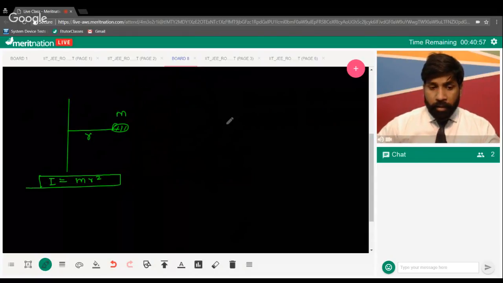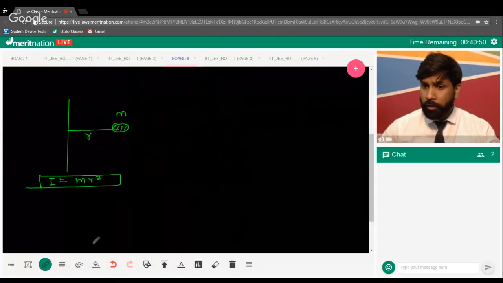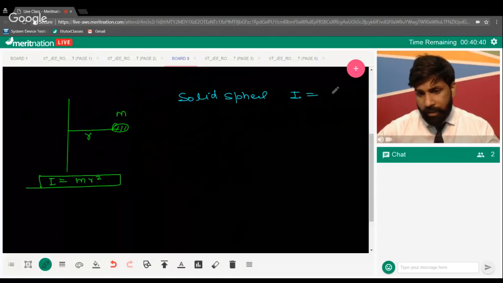Similarly, we have already calculated the moment of inertia of a solid sphere, hollow sphere, solid cylinder, hollow cylinder, ring. So let me show you first here. For a solid sphere, the moment of inertia about its axis is 2 by 5 mr square. And what about the hollow sphere, students?